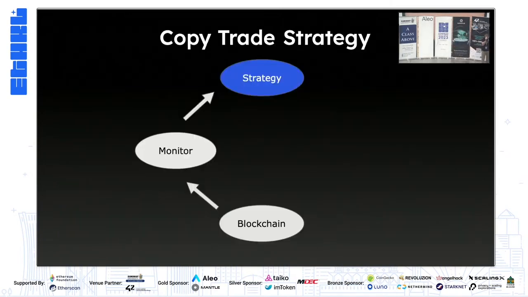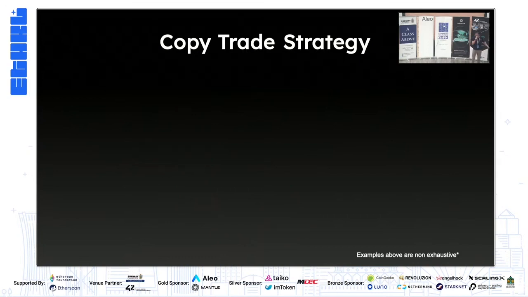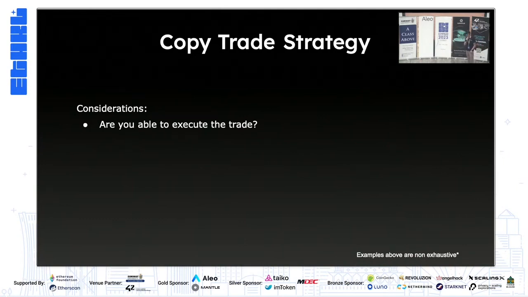Okay, so we go one layer up to our strategy. Some people might say that it's not even a strategy, right? You're just copy trading. But there are things to consider. First thing to consider is, are you even able to execute a trade?